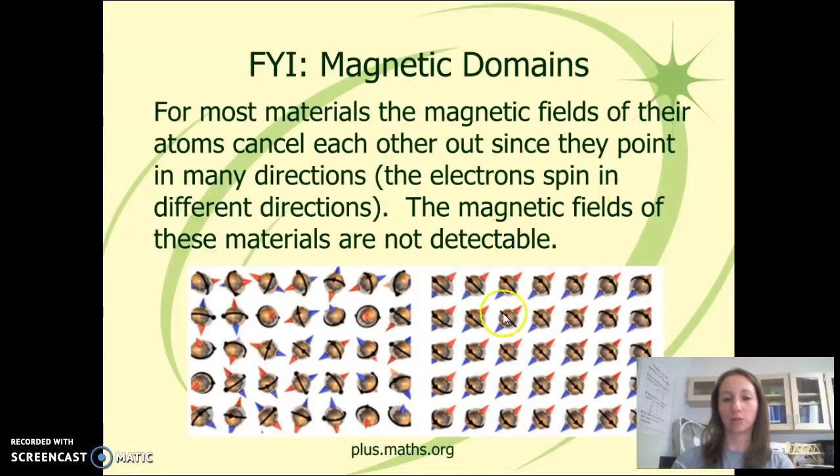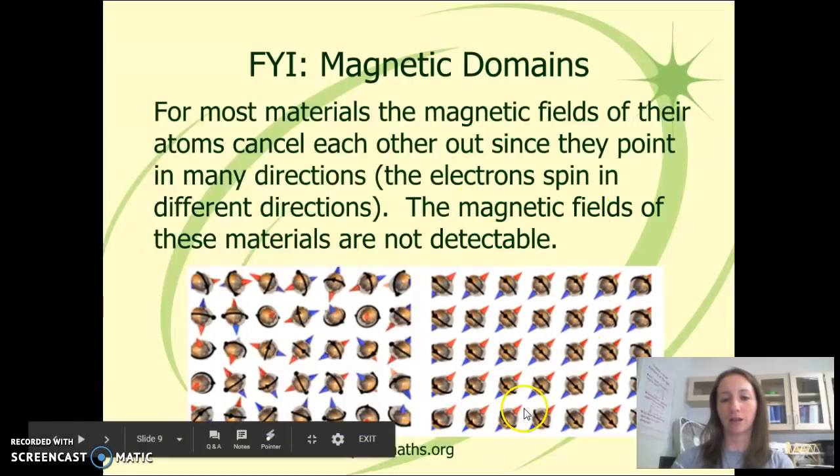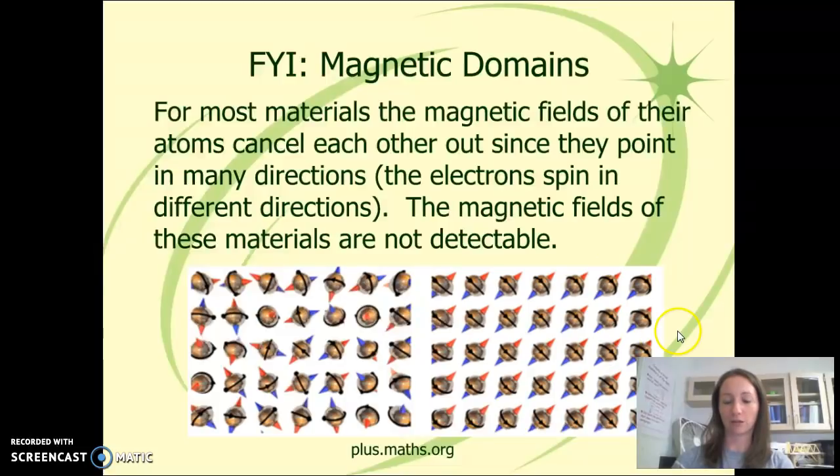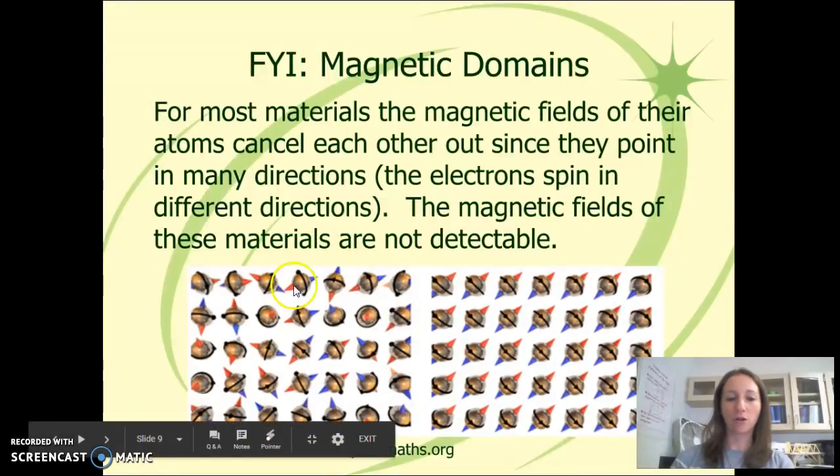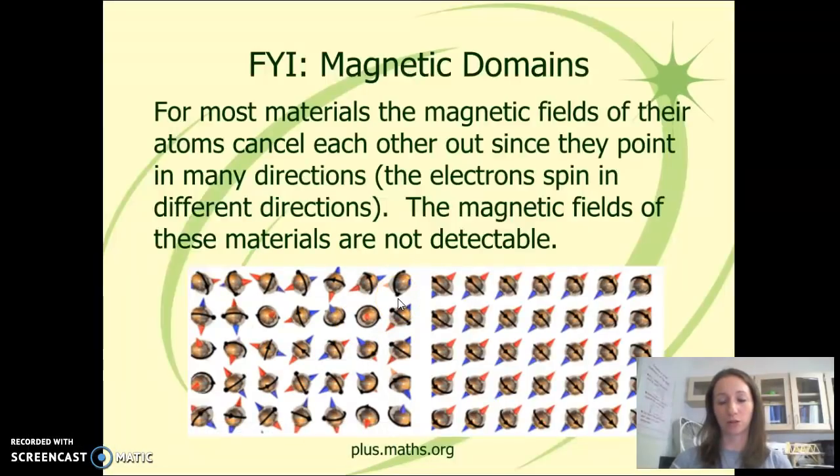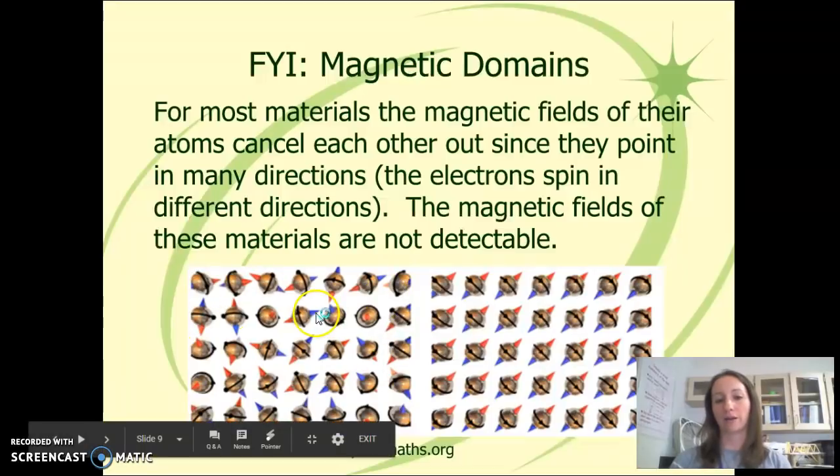In order for it to be a domain, they have to be all facing, lined up perfectly, facing the same direction, or almost all facing the same direction. There can be some that are a little rogue. If they're all scattered all over the place, like they are in most materials, and don't have atoms all perfectly aligned, it's not going to be magnetic, and it's not a magnetic domain.